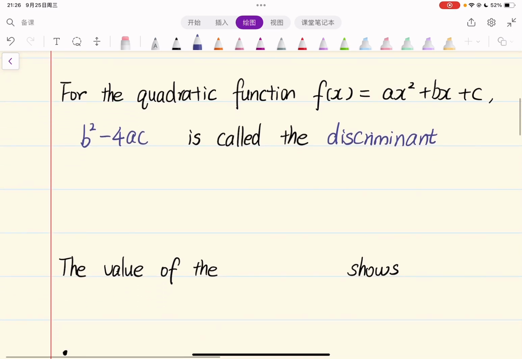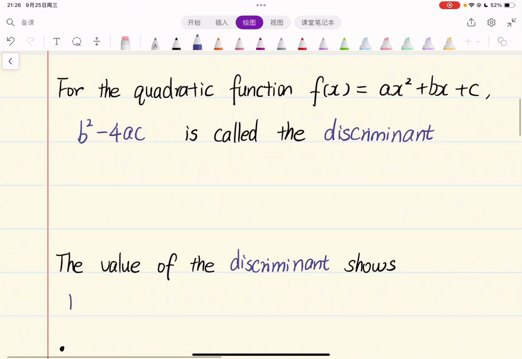Why do we want to know the discriminant? The value of the discriminant shows how many roots f(x) has.